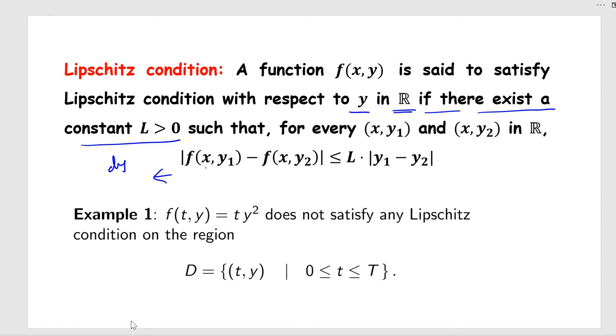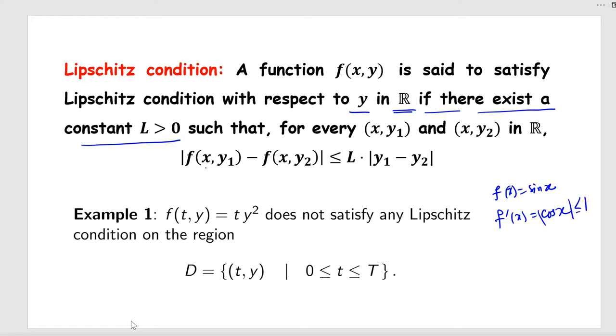For example, if you think of f of x equals sine x, this is a Lipschitz function. Those functions which satisfy the Lipschitz condition are called Lipschitz functions, and f dash x is minus sin x. Sorry, this is cosine x. F dash x is cosine x. Okay, so this is bounded by 1.